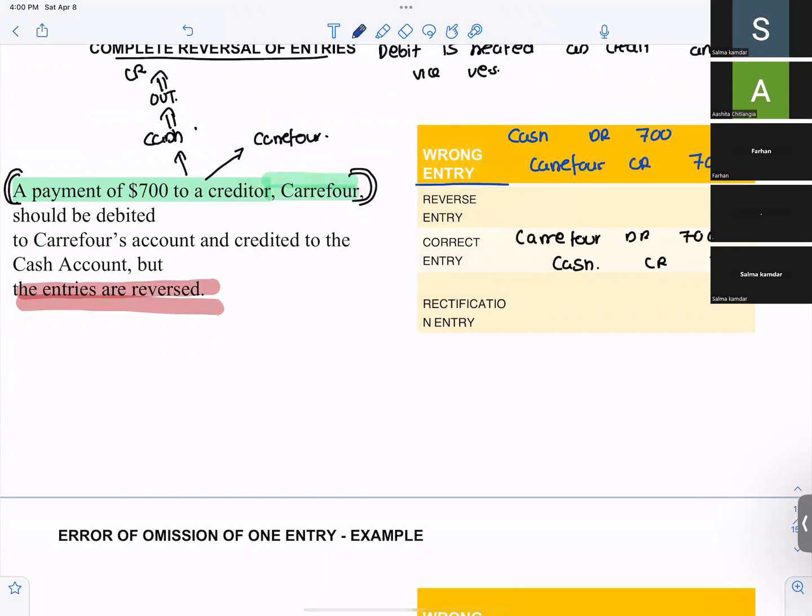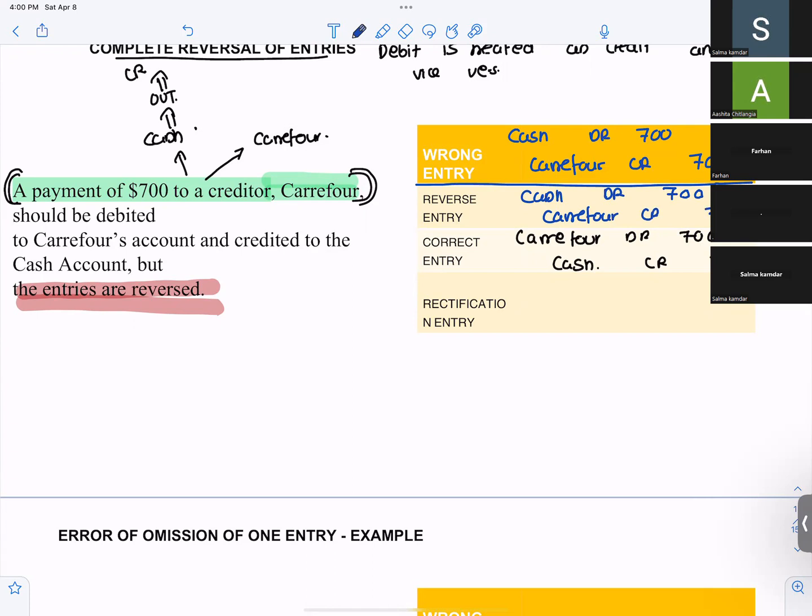Now you reverse the entries. How will you reverse the entries?